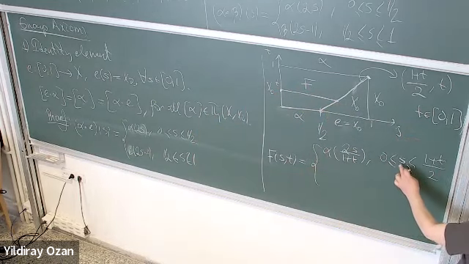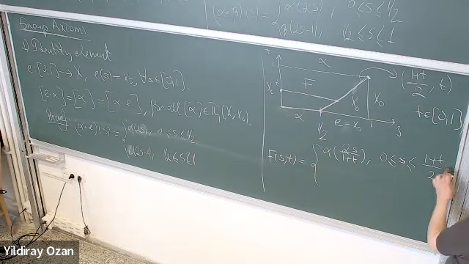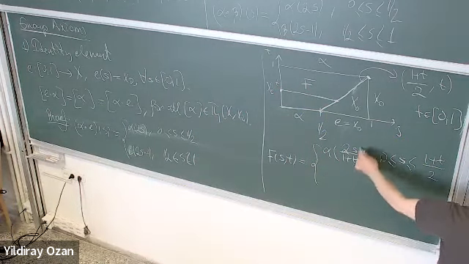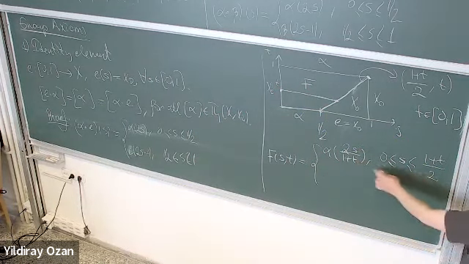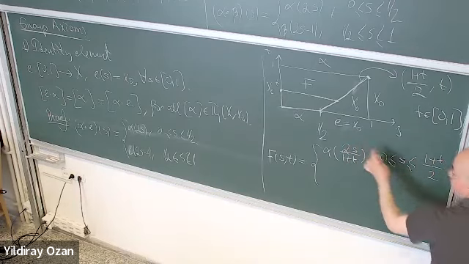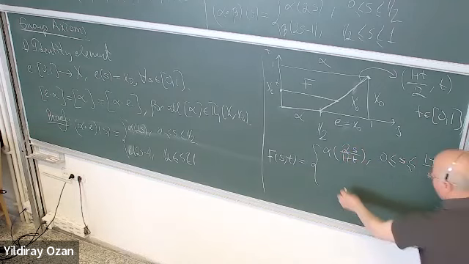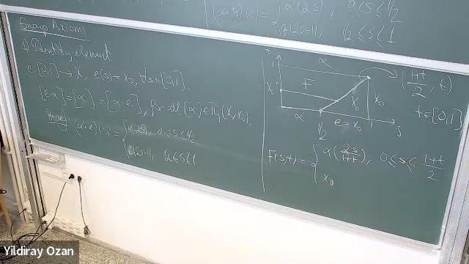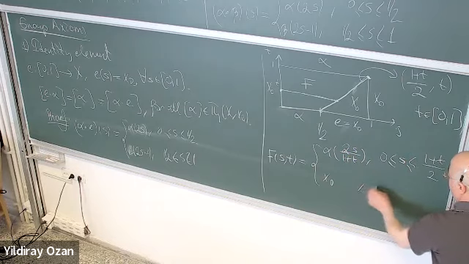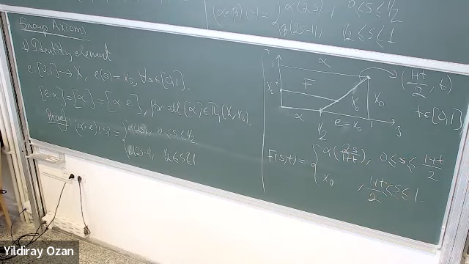Because when s is 1 plus t over 2, this becomes just 1, because it is just the inverse of that. And here you just write x0 as s, 1 plus t over 2 and 1.